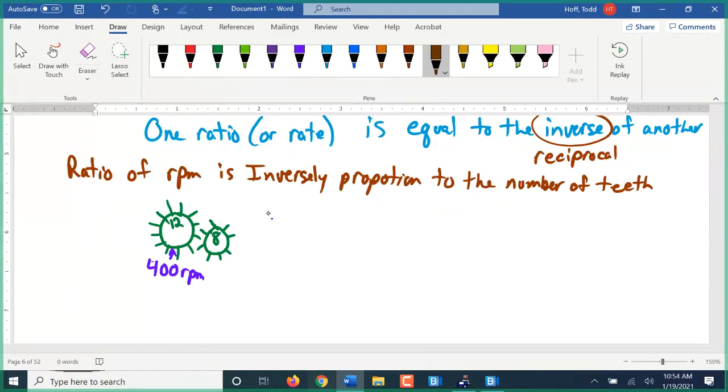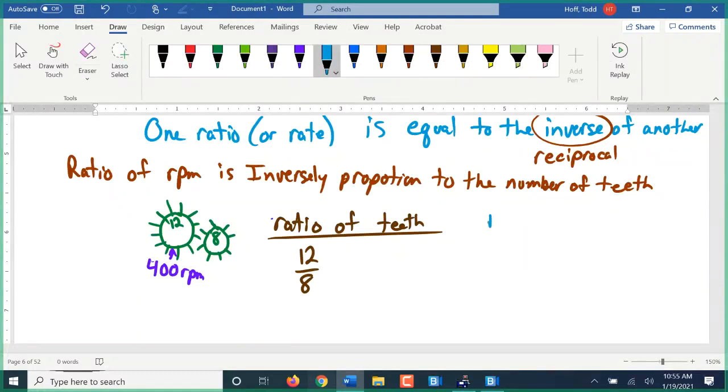Well, my ratio of teeth is 12 to 8. 12 teeth to 8 teeth. I'll let this be X RPM for the speed of the second gear.